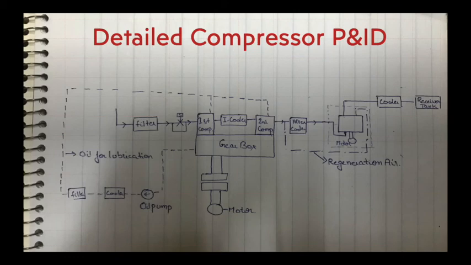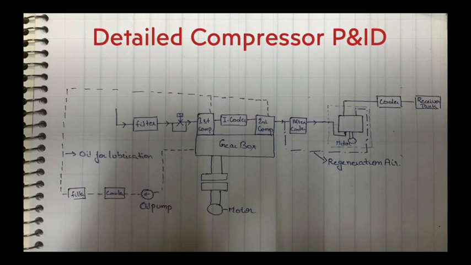This regeneration air is required basically in the case of an instrument air compressor, where we have to dry the compressed air in order to remove its moisture. So the output of an aftercooler in the case of an instrument air compressor will go to a dryer, and there it is mixed with the regenerated air, and with the help of a silica desiccant this air is dried.